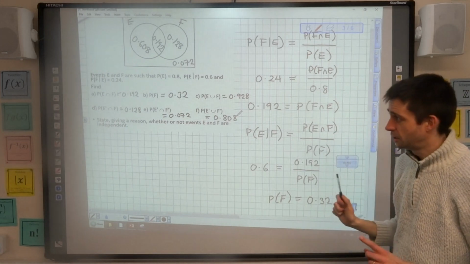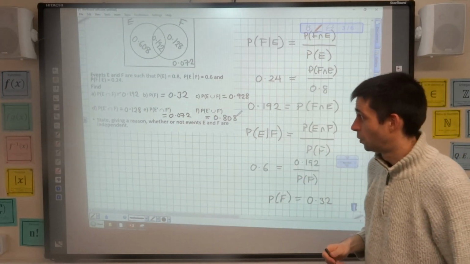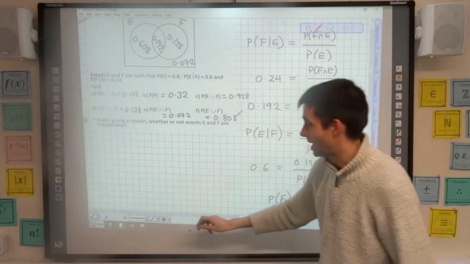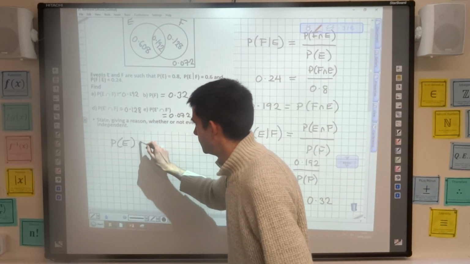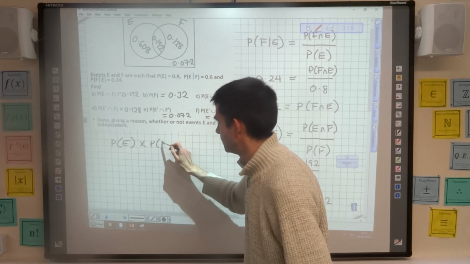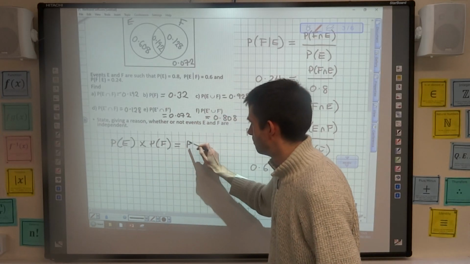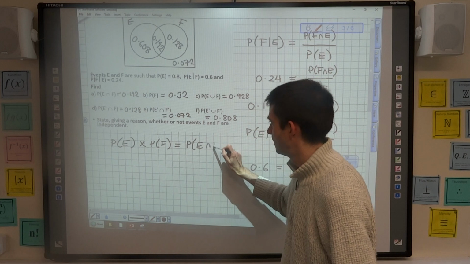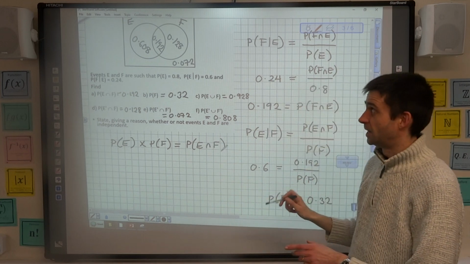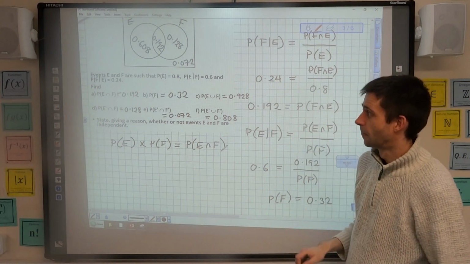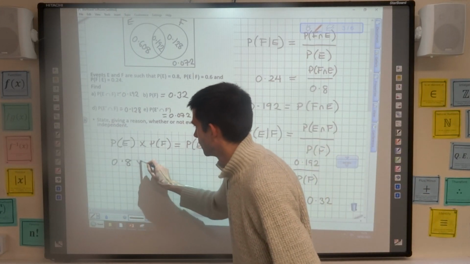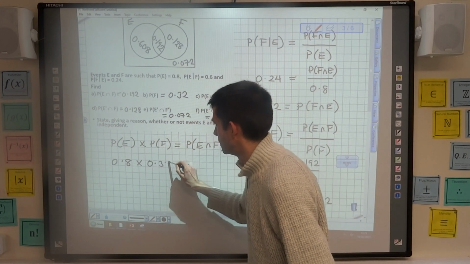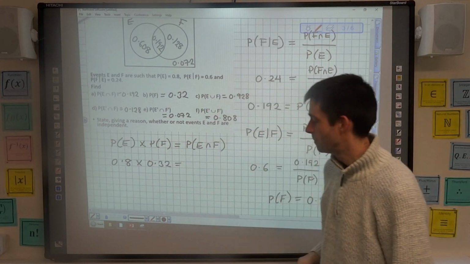Okay, I've got one more thing to do here, which is state giving a reason whether or not events E and F are independent. So my test for independence is that if E and F are independent, then the probability of E multiplied by the probability of F will give the probability of E and F, the intersection. Now my probability of E was 0.8, and the probability of F I calculated was 0.32.